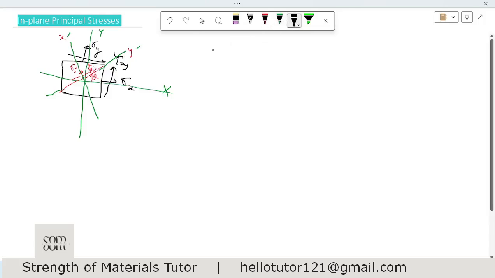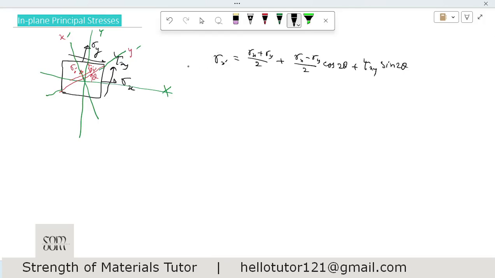Then we knew this sigma x prime is equal to sigma x plus sigma y divided by 2, plus sigma x minus sigma y divided by 2 cosine of 2 theta, plus tau xy sine of 2 theta, okay? It is the normal stress on this transformed plane, with respect to the x prime and y prime.